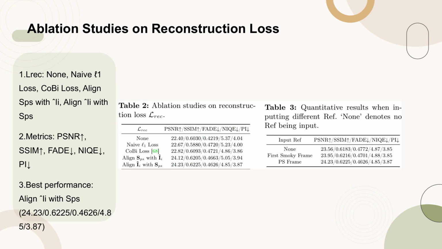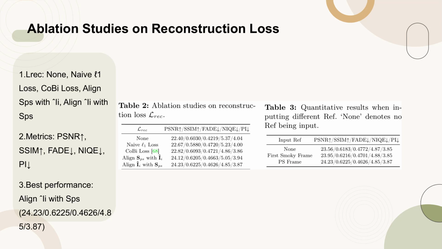Table 2 presents the results of ablation studies focusing on the reconstruction loss L_REC. The table compares different methods of calculating L_REC, including no loss, none, a naive L1 loss, the Charbonnier loss, aligning SBS with I, and aligning I with SBS.